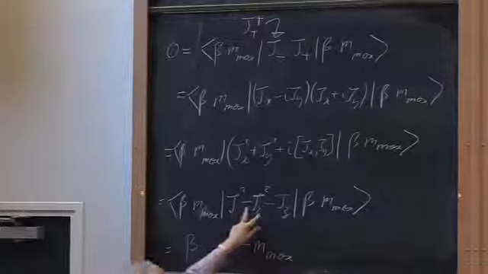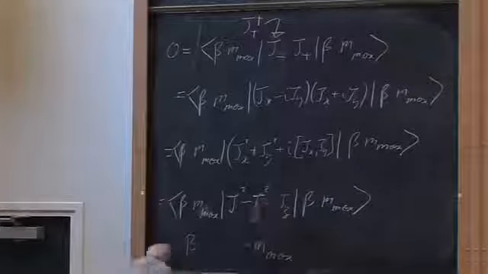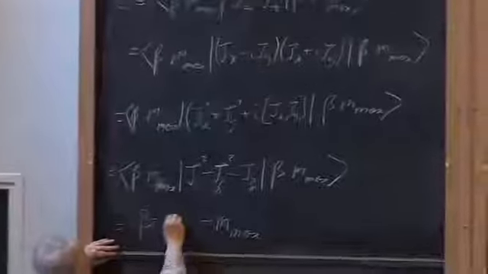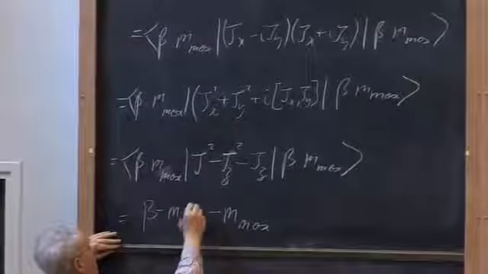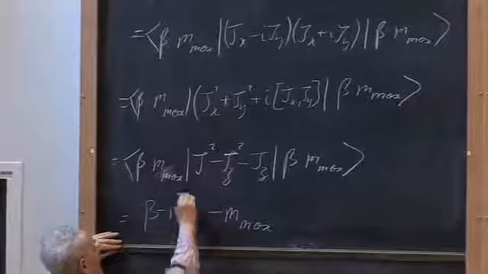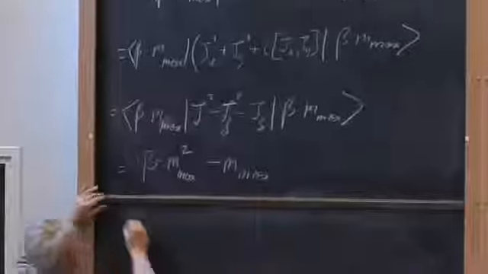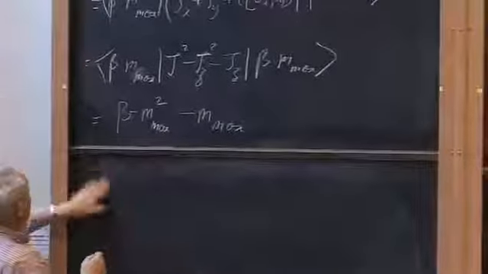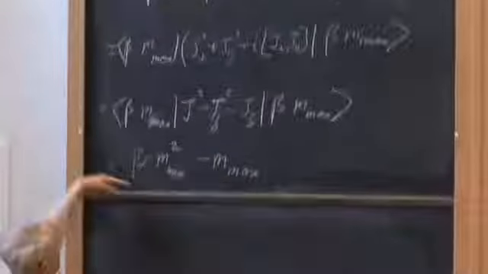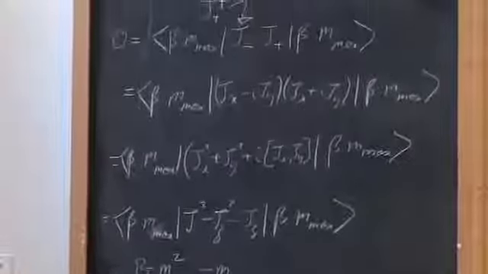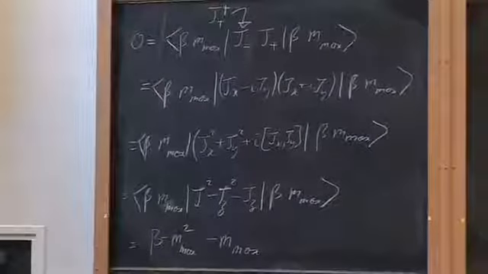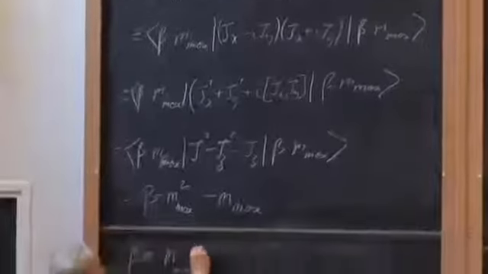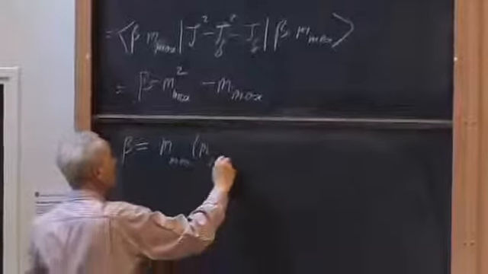And this one is going to produce m max squared, also with a minus sign. So what do we have? We have that nothing is equal to this stuff, from which it follows that beta, we've discovered now what beta is in terms of m max. It's equal to m max brackets m max plus 1.